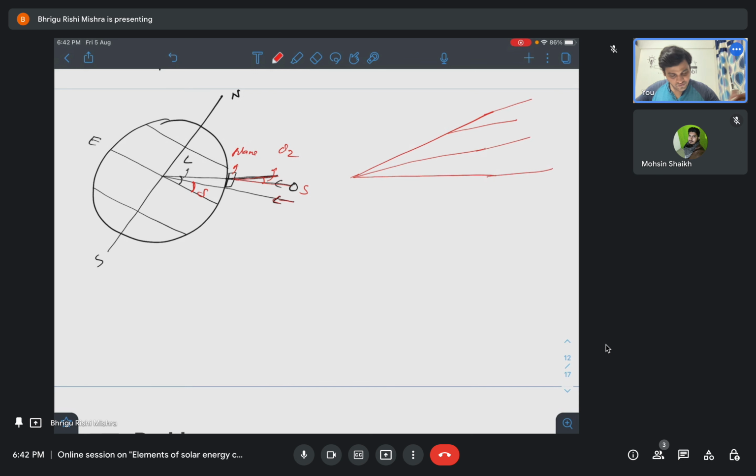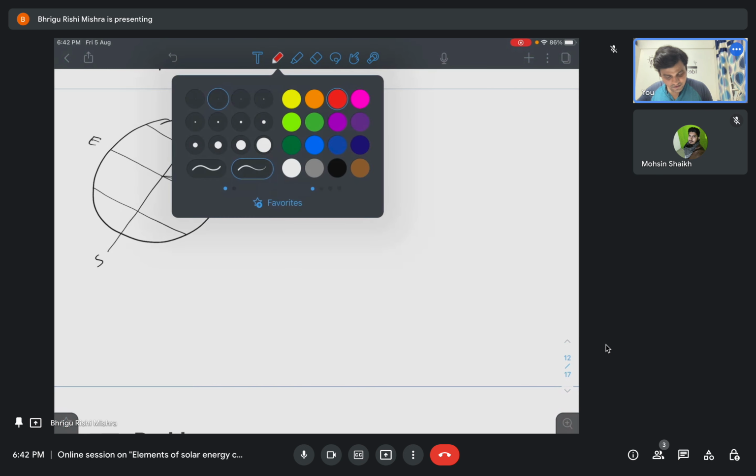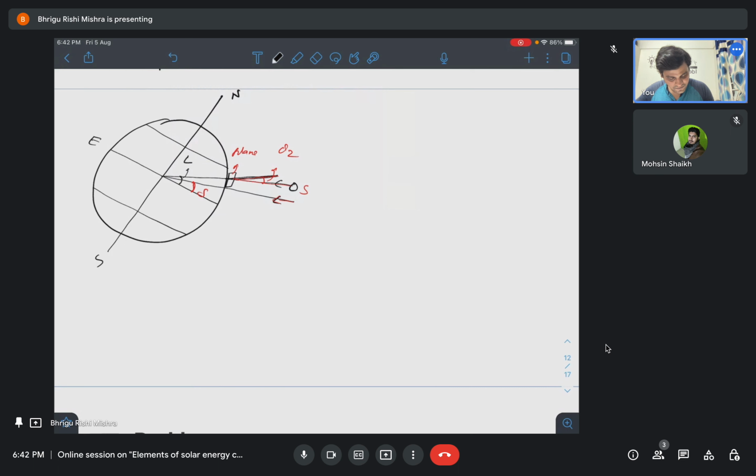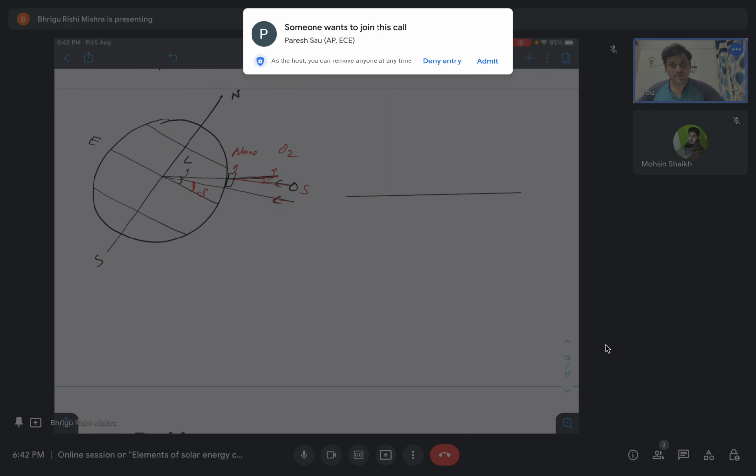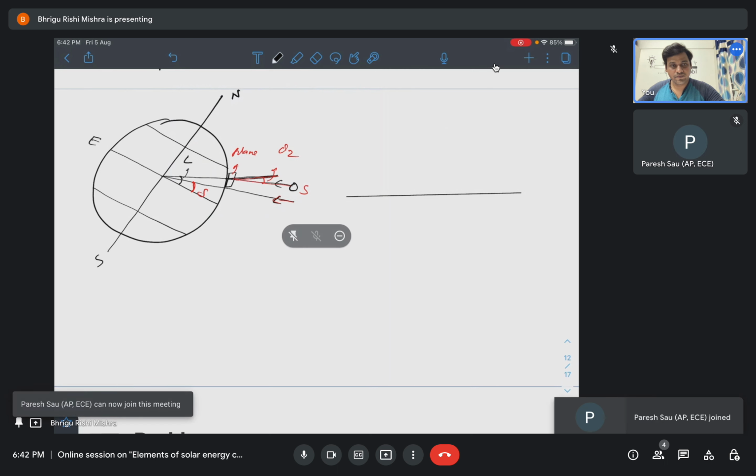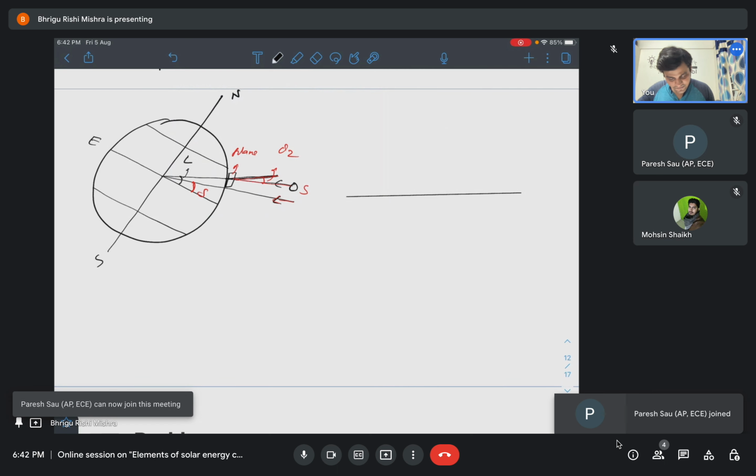Okay, I should use a different color, sorry for that. Let me draw it again. So this is the equator, this is the equator line.